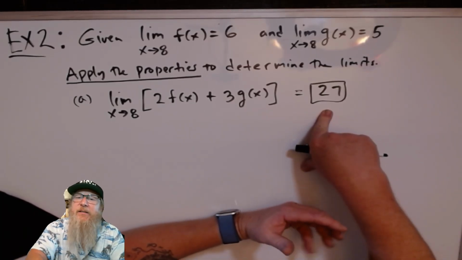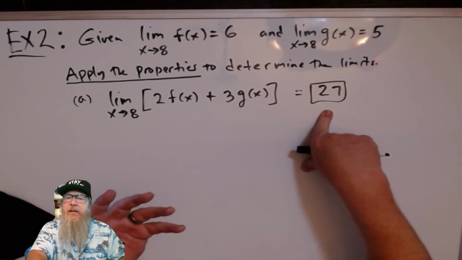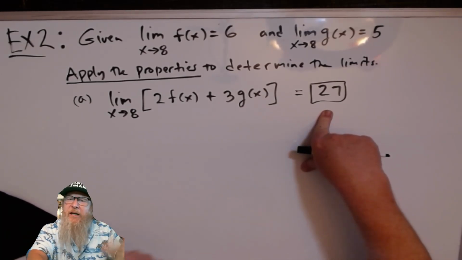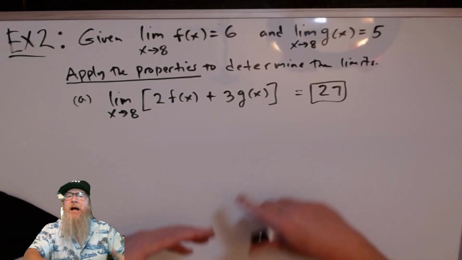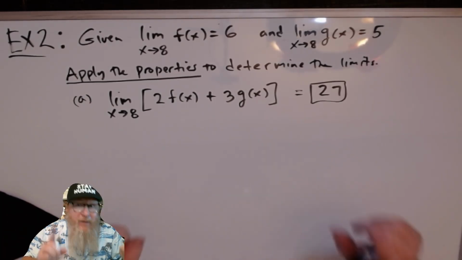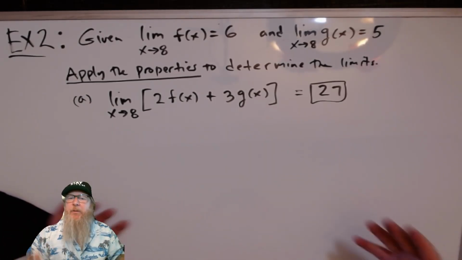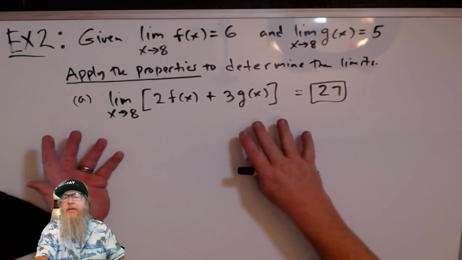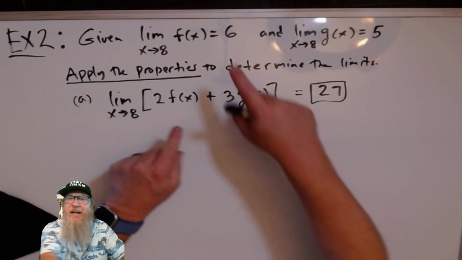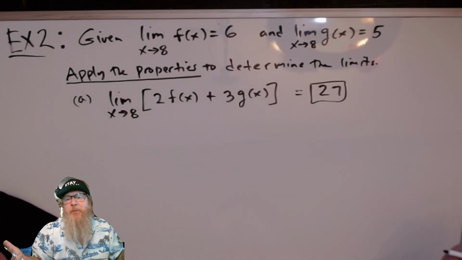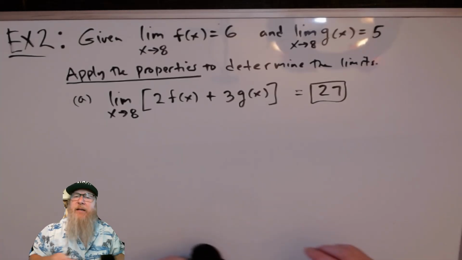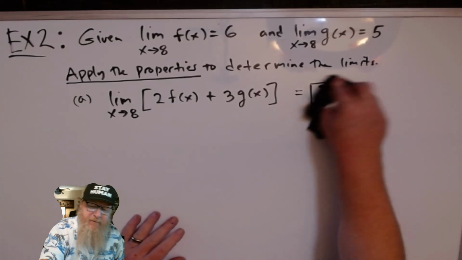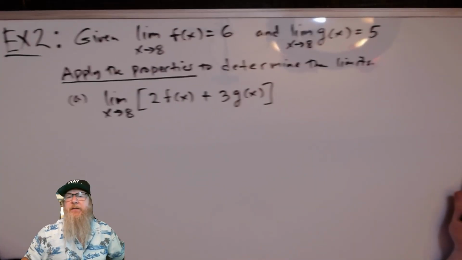So the calculus comes in exercising the properties, and then learning them so well that when the problems get harder, which they will, you will be so good at applying the properties that you will just do it naturally, because it's not always going to be as easy as just multiplying and adding. So go ahead, write that down in your notes. The answer will be 27, but I'm going to go ahead and use the properties.